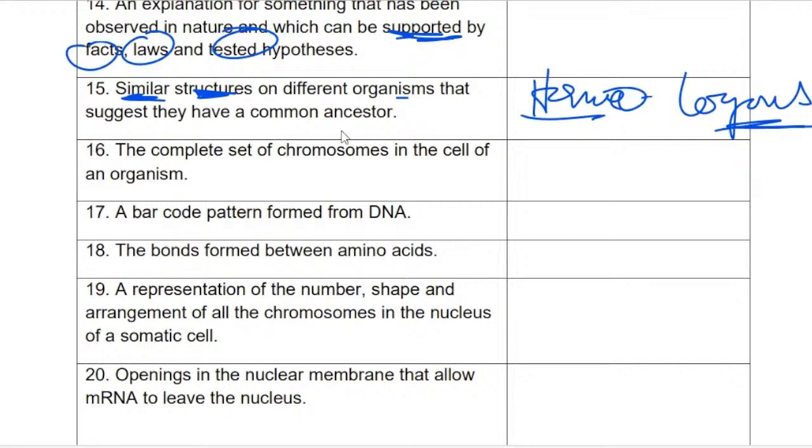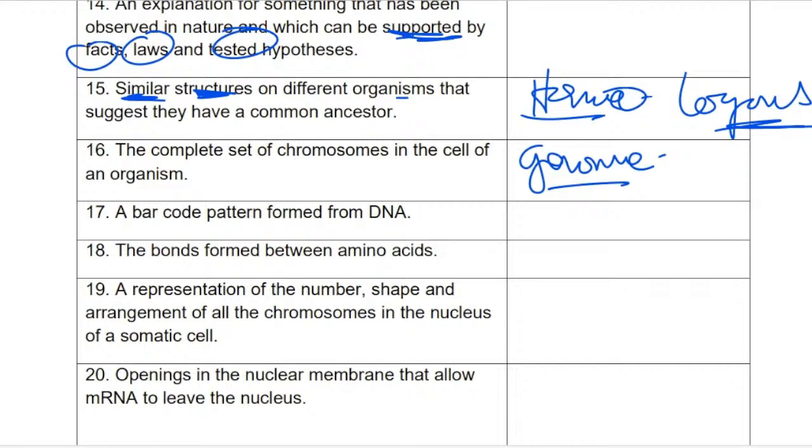Then they're saying that a complete set of chromosomes in a cell. How do you call that complete set of chromosomes? It is a genome. You confuse three things: genome, karyotype, and genotype.